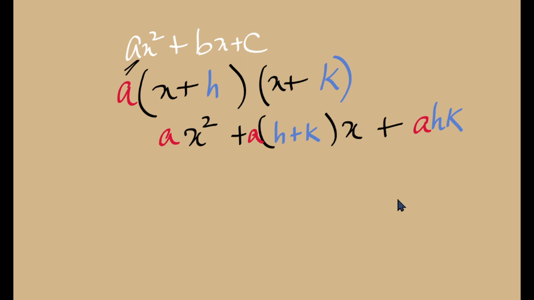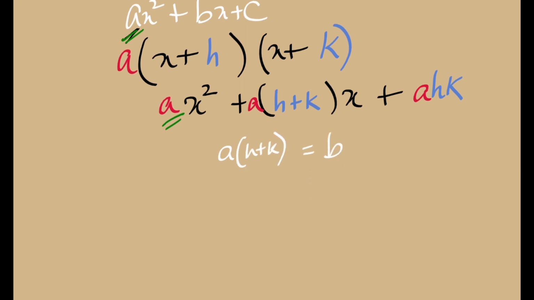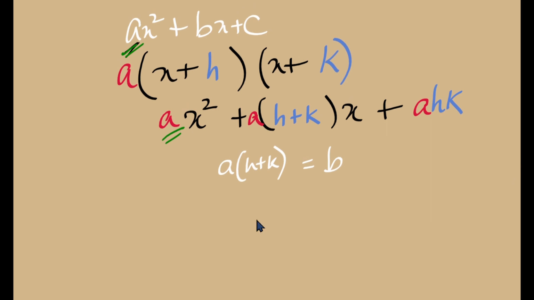Now I can compare the coefficients finally, because now I have the x squared coefficient equal to a, which is alright for me. What about the x coefficient? A times h plus k should be equal to b, because of the middle term's coefficient, and the last term's coefficient says that a times h times k should be equal to c.